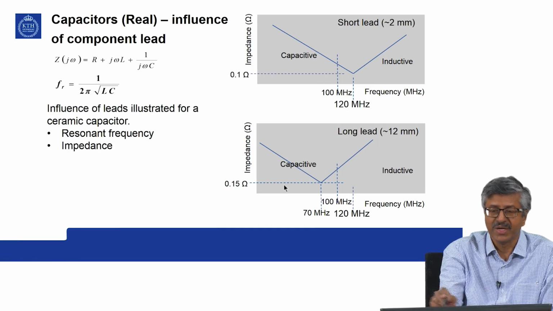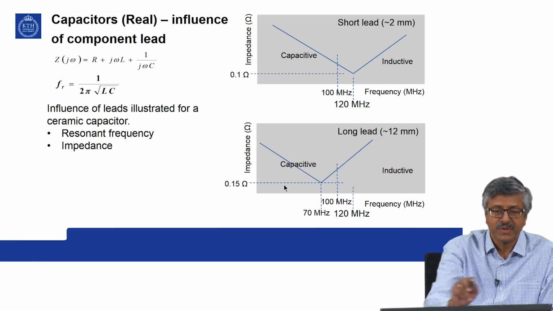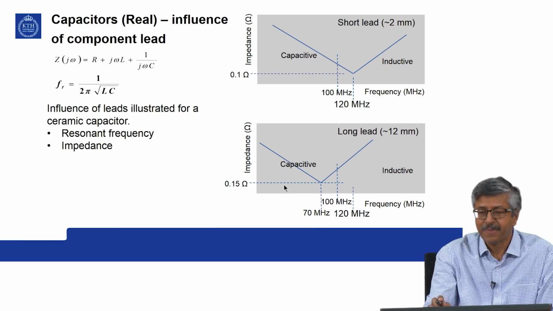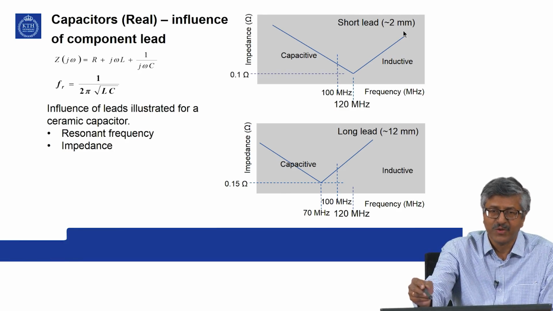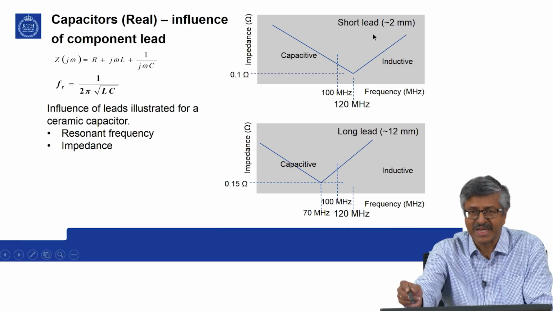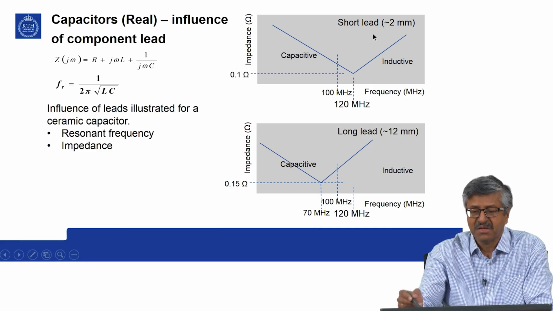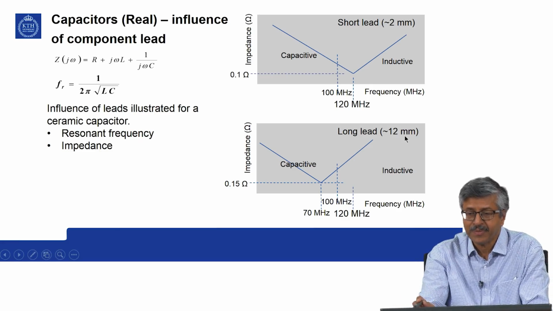That is shown in this view graph. It's the influence of component lead. So, here a short lead capacitor, same capacitor, in one before soldering the leads are cut off and only 2 millimeter is retained. In the other you keep a long lead, 12 millimeter.